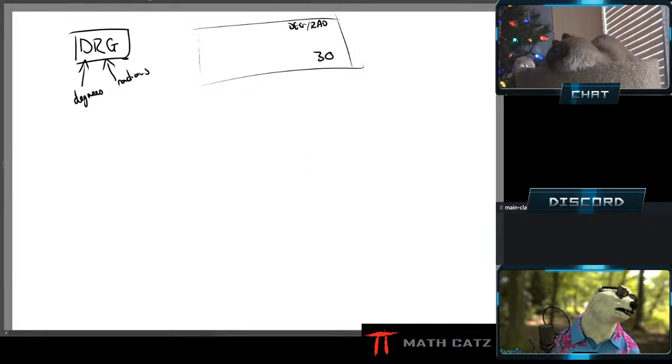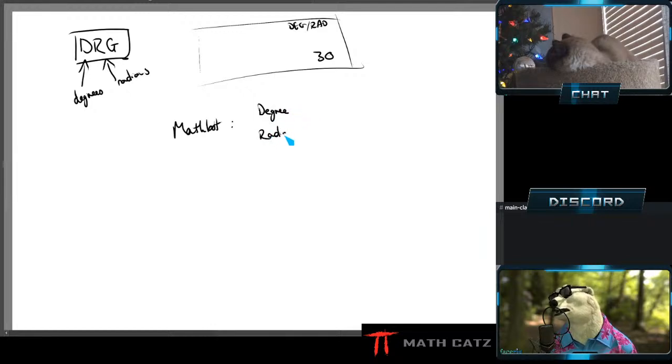In MathBot, however, it's a little different. MathBot has two separate function names for radians and degrees. I'll write it over here, just in case you see it in the chat. If I have the radian measure of an angle that I'm using, it'll just be sine of whatever my angle is.